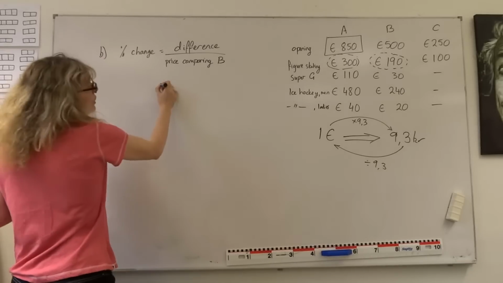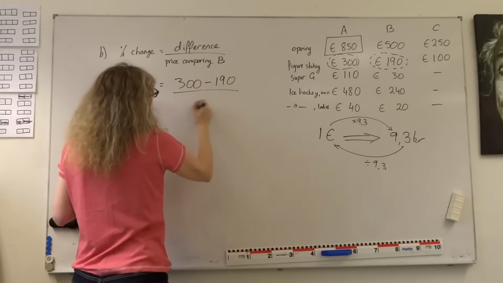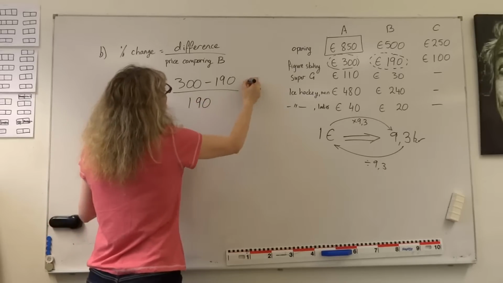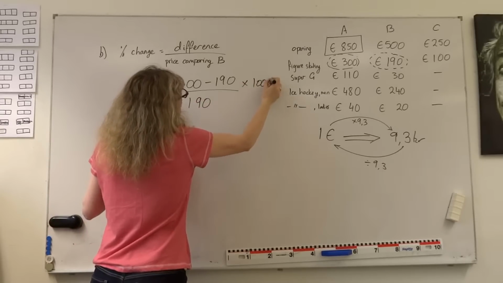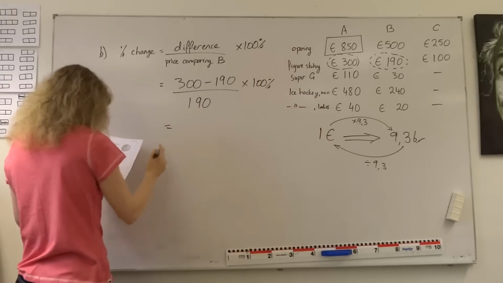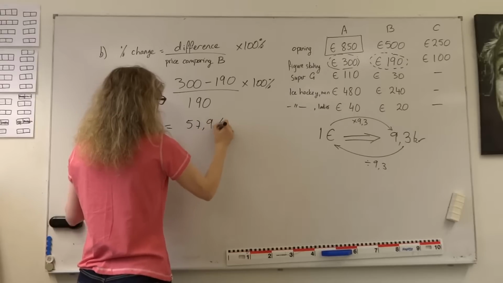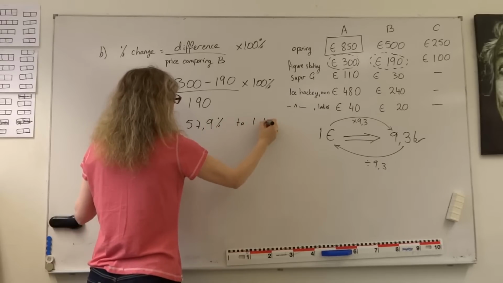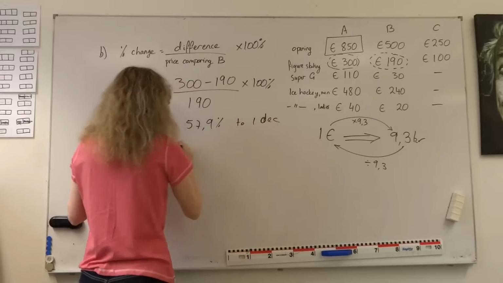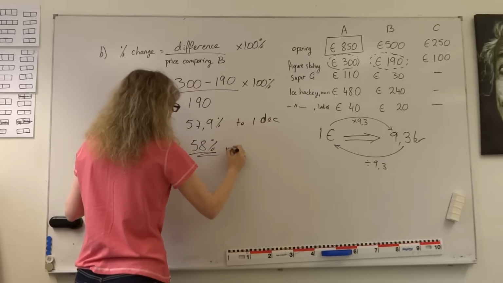So here we would have 300 minus 190 divided by 190 times 100 to change it into percent. And then we would get 57.9% to one decimal, which is approximately 58% more expensive.